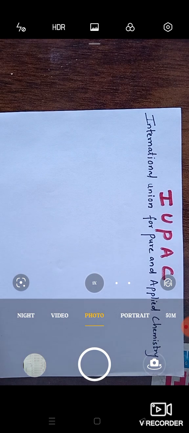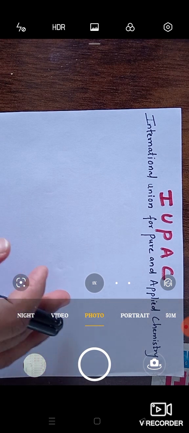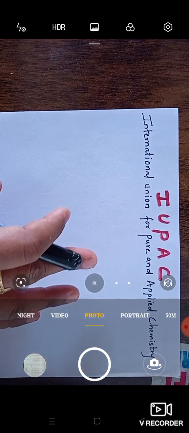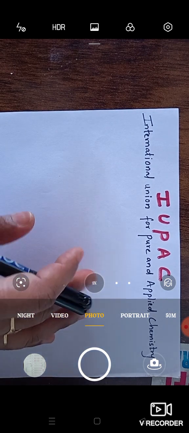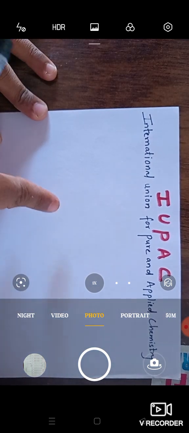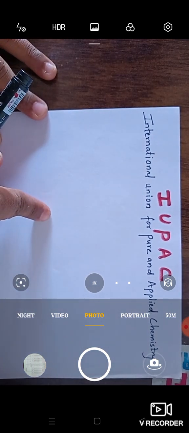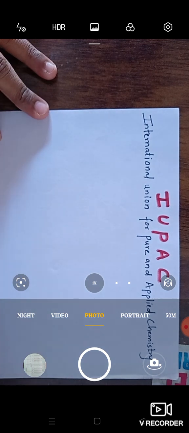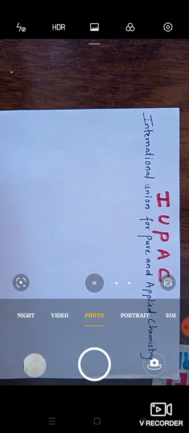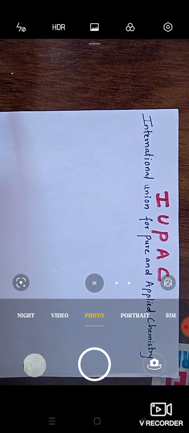And students, this International Union for Pure and Applied Chemistry put forth a nomenclature system based on the structure of compounds. This nomenclature was accepted all over the world, and this is the system which we are following today. If we name the compounds in our own manner, it will create confusion when we are working on an international level.